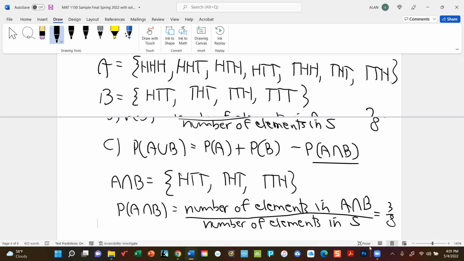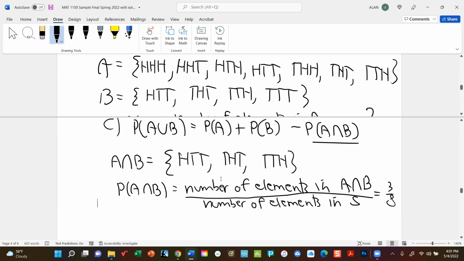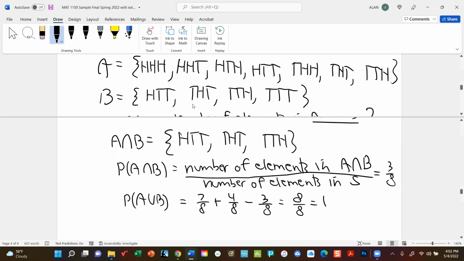So if you look at the rule, we now know all 3 of these probabilities. Okay, so let's bring them together. The probability of A union B, therefore, equals 7/8 plus 4/8 minus 3/8, which is 8/8 or 1. So basically, you're just combining the information you already have.